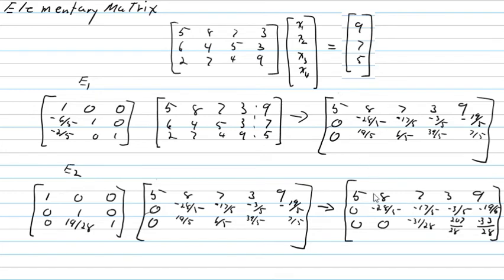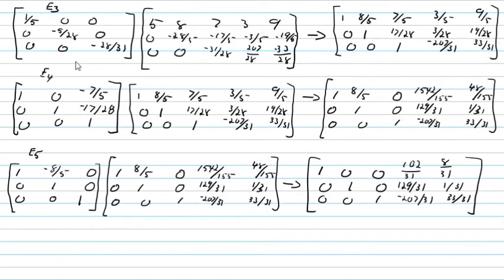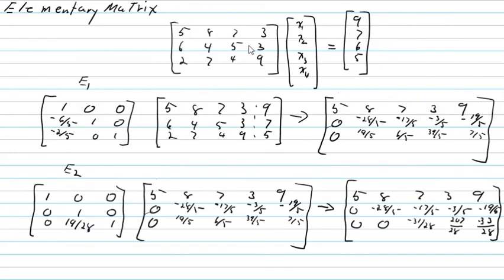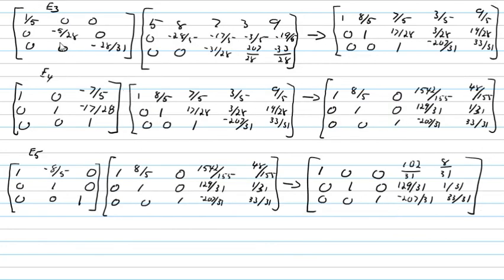So what's left to do? We need to get 1s in these pivot positions, and we need to get 0s up here and a 0 here. So let's do that. To get 1s here, all we need to do is multiply our matrix, this one here, by this one, right? And let's get the understanding of this. It's 1/5 of this row plus none of these rows will give me this row.